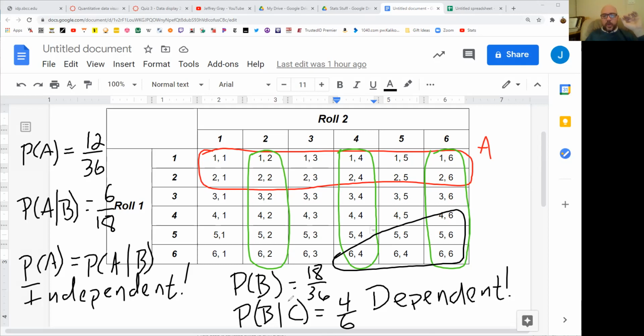But whether we are in A or B is affected by C, but the probability of being in A is not affected by B, because those are about two totally unrelated things, the first roll and the second roll, whereas C is related to both of them. And you can see that in the probabilities. So that's what independent versus dependent means: does one of them happening affect the probability of the other one happening? If it does, they're dependent, and if it doesn't, they're independent.